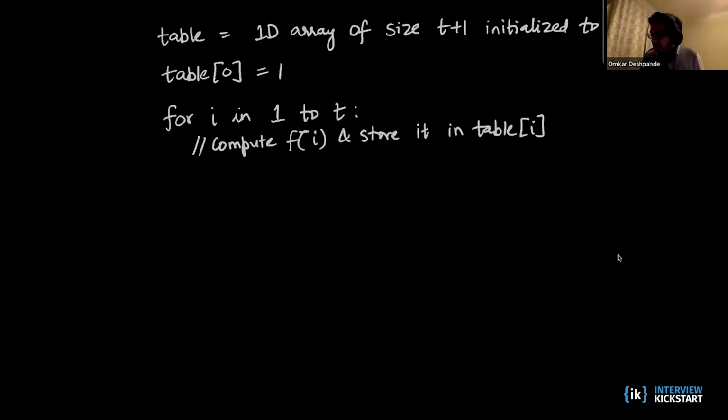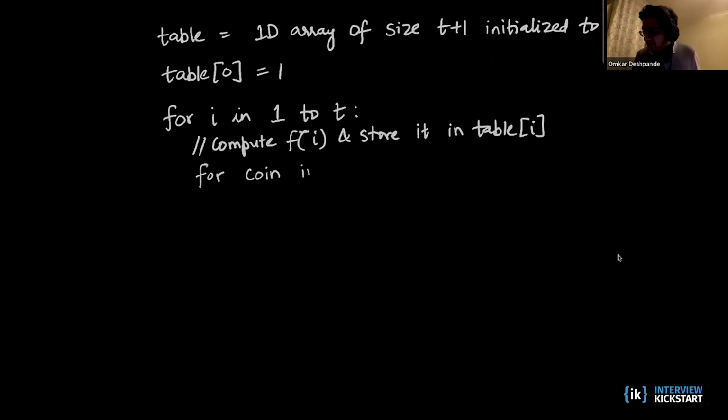So for each coin in the nums array, well, let me write it using more generic pseudocode. Actually this might be more readable, so let me keep it like this.